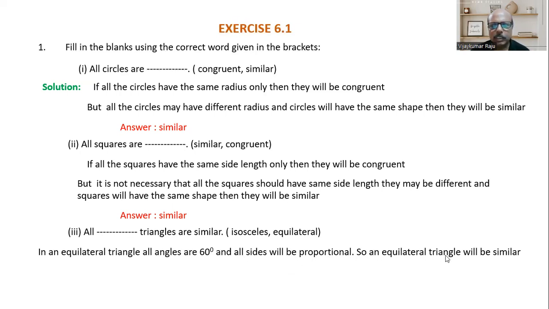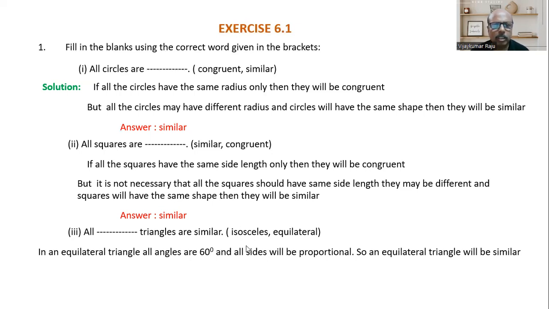So equilateral triangles will be similar, because whatever the size of the equilateral triangle, the angle is 60 only. So the angles are equal and the sides may be 2 times, 3 times, half the size, whatever it is, in a particular ratio. So all equilateral triangles will be similar.